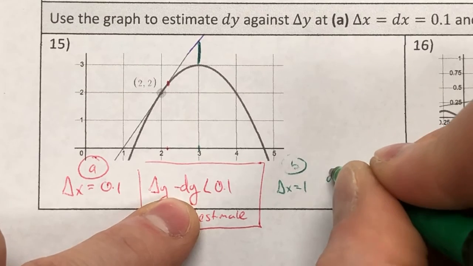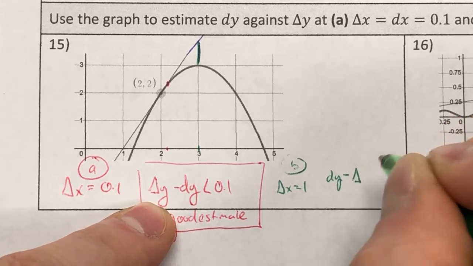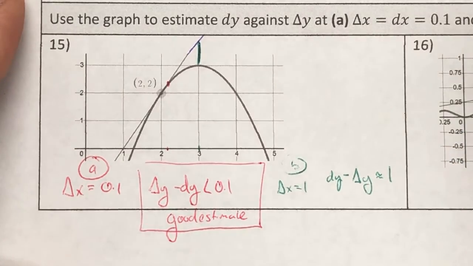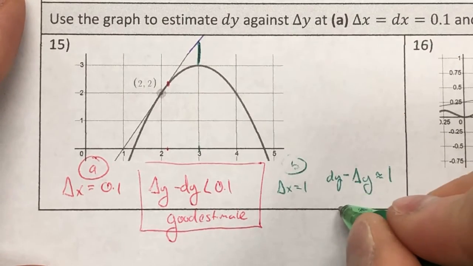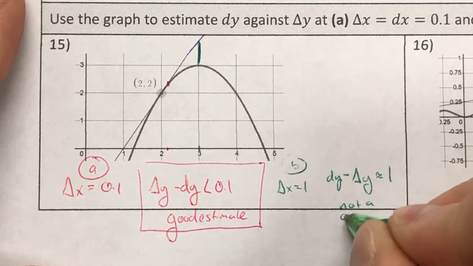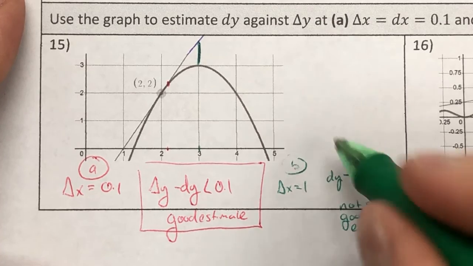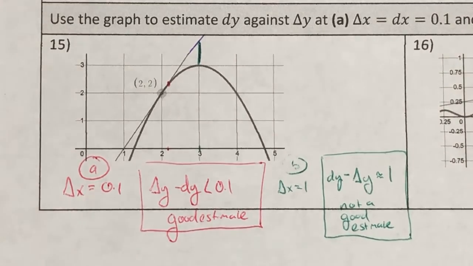So I'm going to say my delta y, which is higher, minus my differential of y is roughly equal to 1, which in the scope of 3 and 4, that's a pretty big difference. So no, this is not a good estimate. So that's a really big gap there. And that's graphical. So there we go.